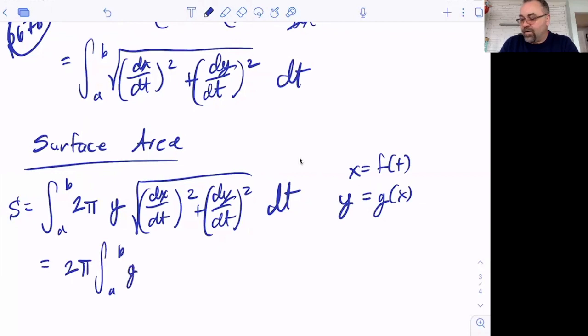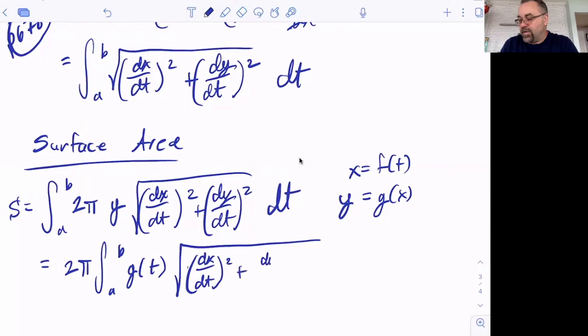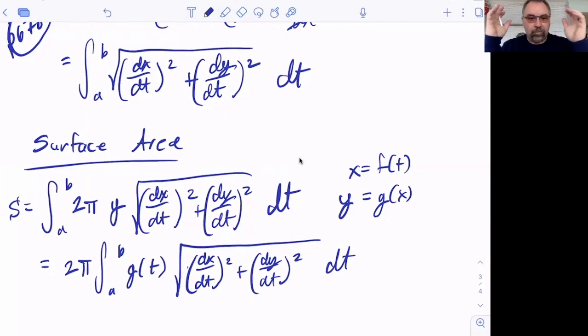And I just get g of t times the square root of (dx/dt) squared plus (dy/dt) squared dt. So the whole thing can be defined in terms of t. And of course, if we revolve around a vertical axis, then everything is going to be done with respect to x. But the equation doesn't change for surface area because it's defined parametrically.